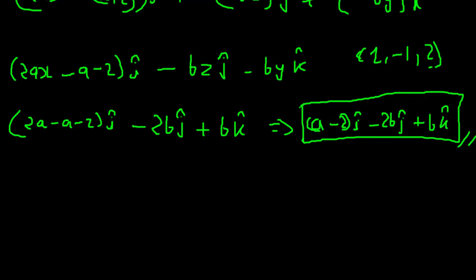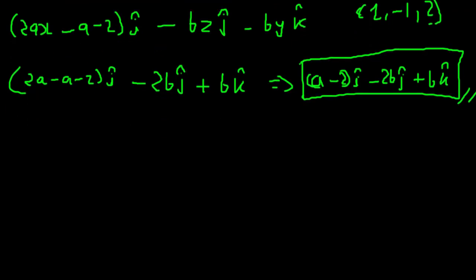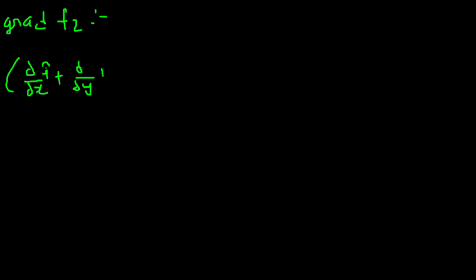Alright. So now we're going to find the value of gradient of f2. It will be del by del x i cap plus del by del y j cap plus del by del z k cap.